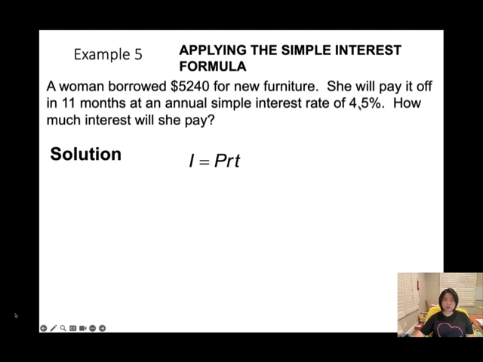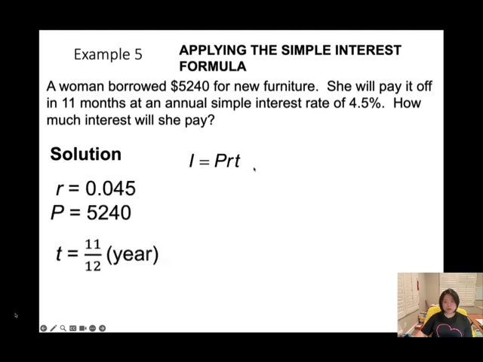That would be 4.5%. You don't just put in 4.5 here. For 4.5%, you're going to do 4.5 divided by 100. And then P is your principal, so the principal is going to be 5,240. The T represents the years. How many years? She only pays it off in 11 months, right? So the T would be 11 over 12.